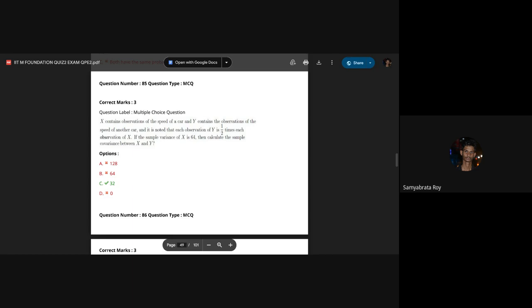Okay, basically here x and y are two random variables. Y is nothing but half of x. Cool? Now they have asked us to find covariance of x and half x, right? Now there's a formula.